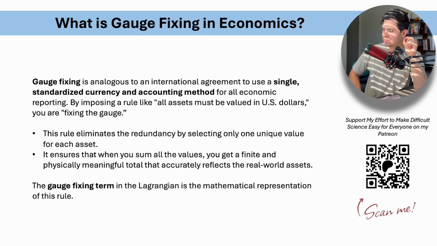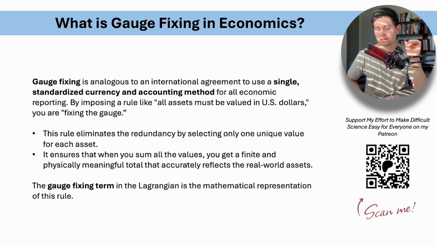Gauge fixing is analogous to an international agreement to a single standardized currency and accounting methods for all economic systems. By imposing a rule like all assets must be in US dollars, you're fixing the gauge, okay? This rule eliminates the redundancy by selecting only one unique value for each asset.